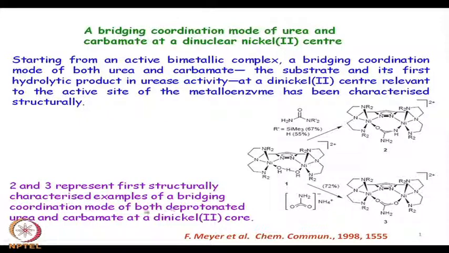So, they have prepared and structurally characterized these, and in one case, that means this bridging unit, you can have a large number of this exogenous function when you have the nearby second metal, that means this bimetallic system or the bimetallic complex.